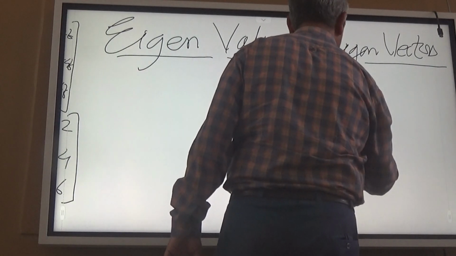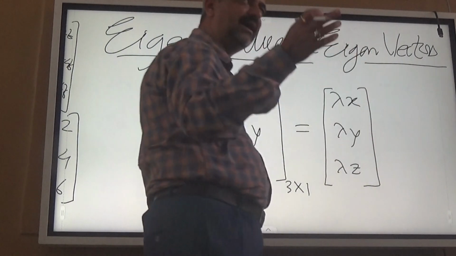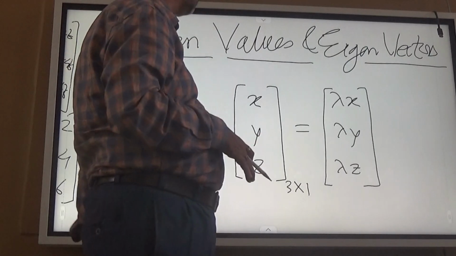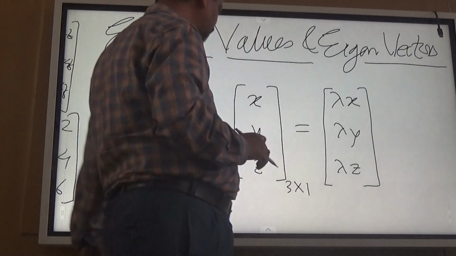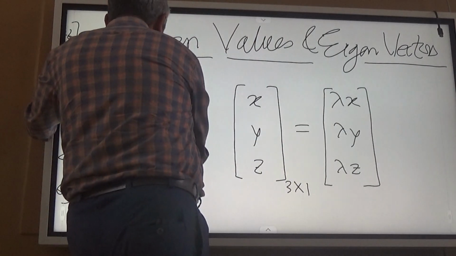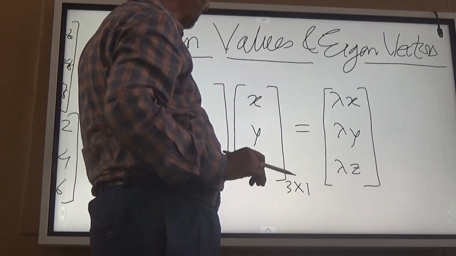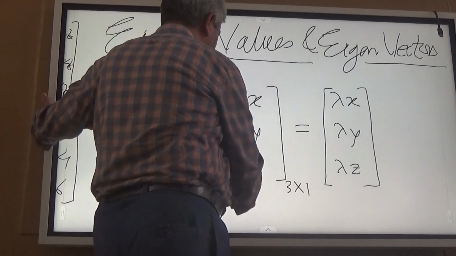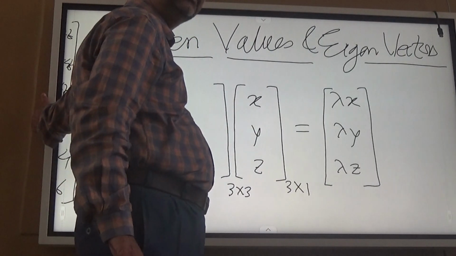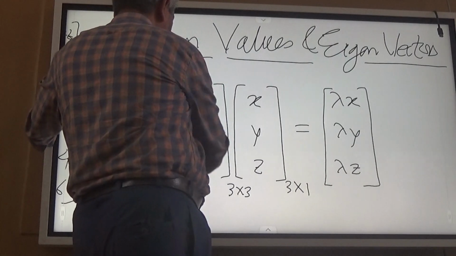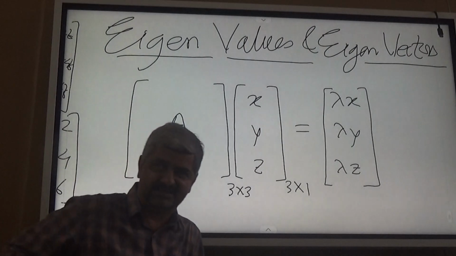Lambda x, lambda is 1 scalar multiple. So lambda x, lambda y, lambda z. When operated upon, I can operate it by a 3x3 matrix. So this is A. A is a 3x3 matrix.